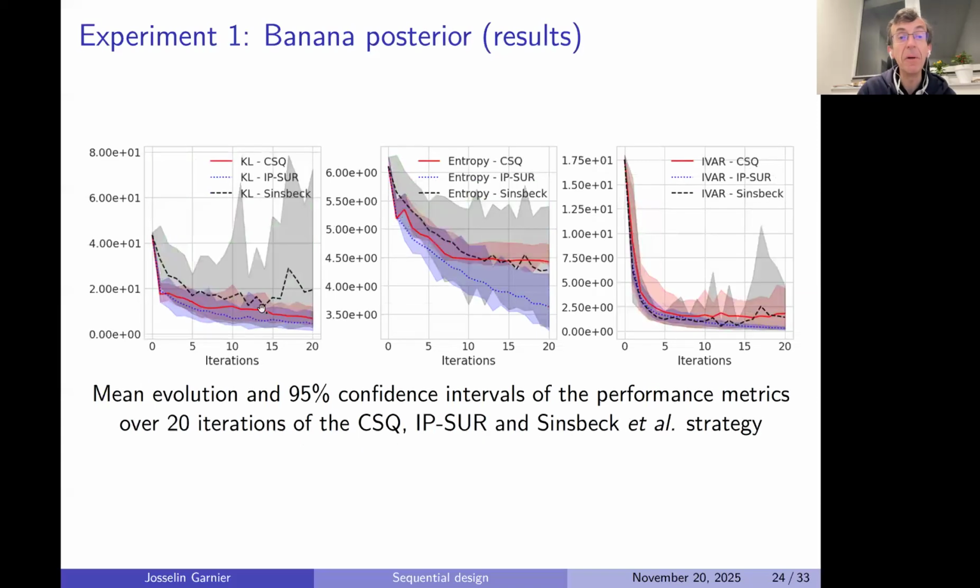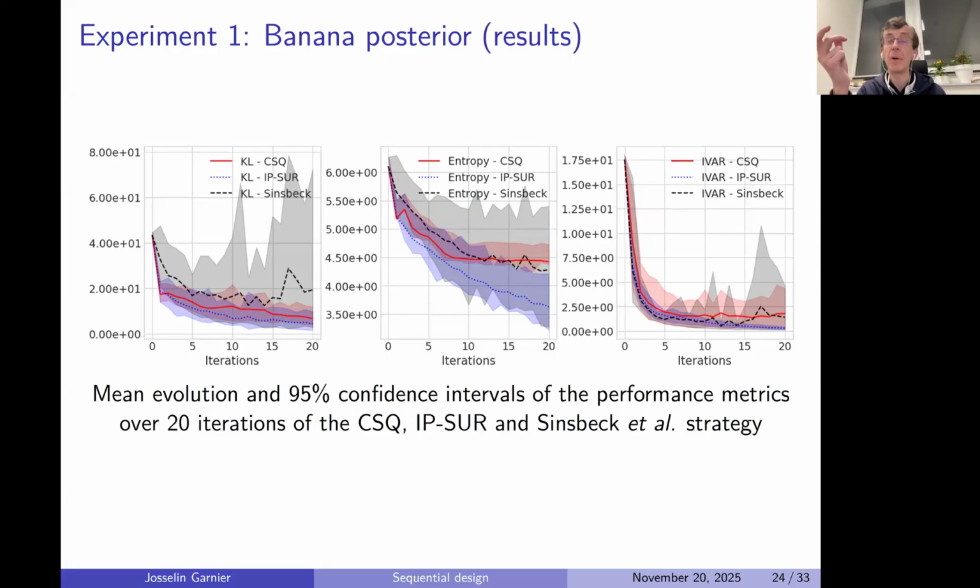okay, IPSure is better. And here is just to show that Sinsbeck, that is to say the Bayes-risk minimization, does reasonably well, as does CSQ, provided you tune the parameter h appropriately.